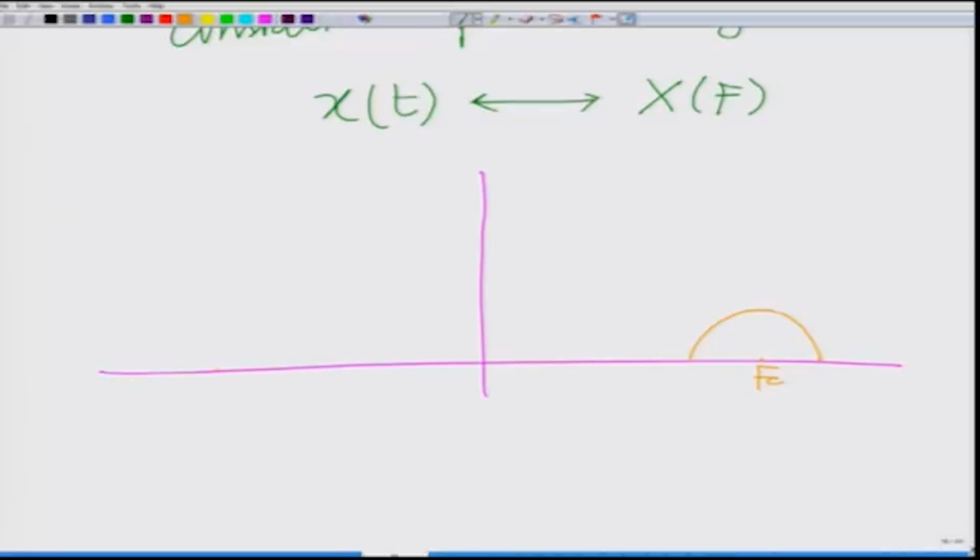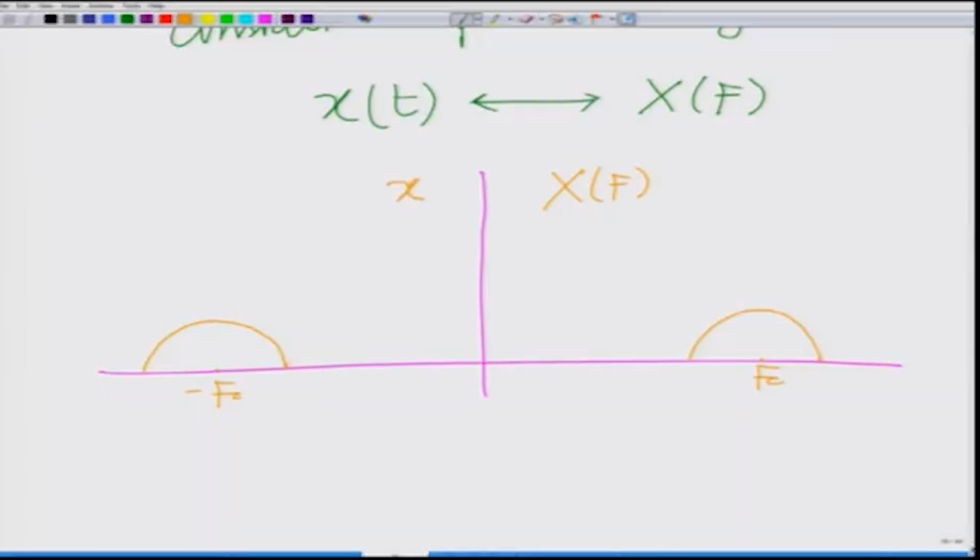Okay. So, I am drawing the spectrum of this passband signal which is centered at carrier frequency f c. So, let us say this is the spectrum x f.